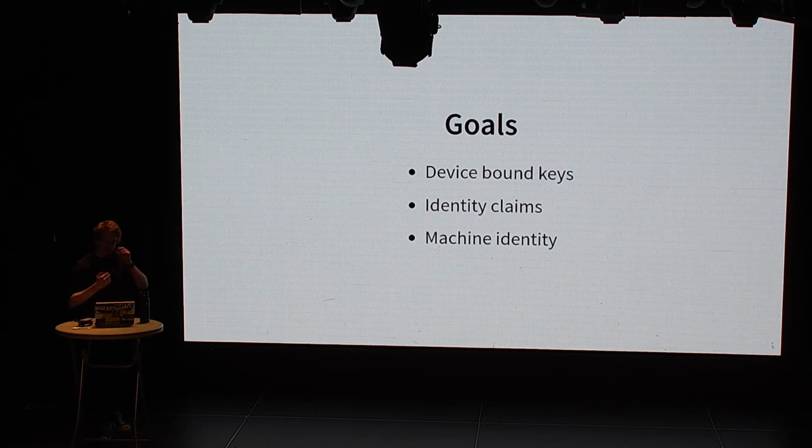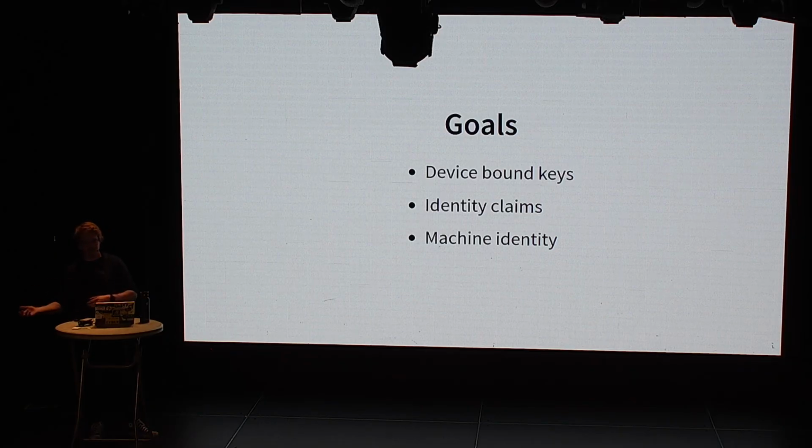So what we would preferably have is some way to have device-bound keys. This would prevent people from taking our keys and using them without having access to our machines. We'd like to strongly tie this to some identity claims, like your Microsoft identity at work, or your Okta accounts, or some other provider. And we'd also like to make sure that SSH keys are strongly tied to the machine you're using them on.